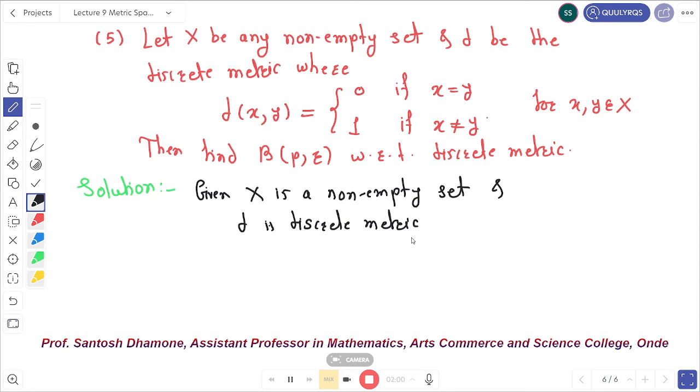Since our r is between 0 and 1, we get the singleton set, which is point P. The singleton set P is the open ball with respect to the discrete metric space, as the only values taken by d(x,y) are 0 or 1.